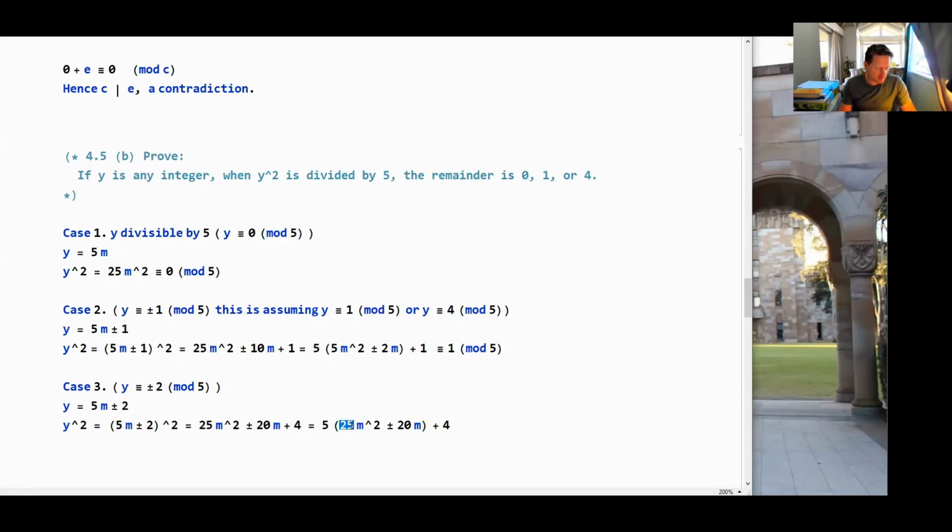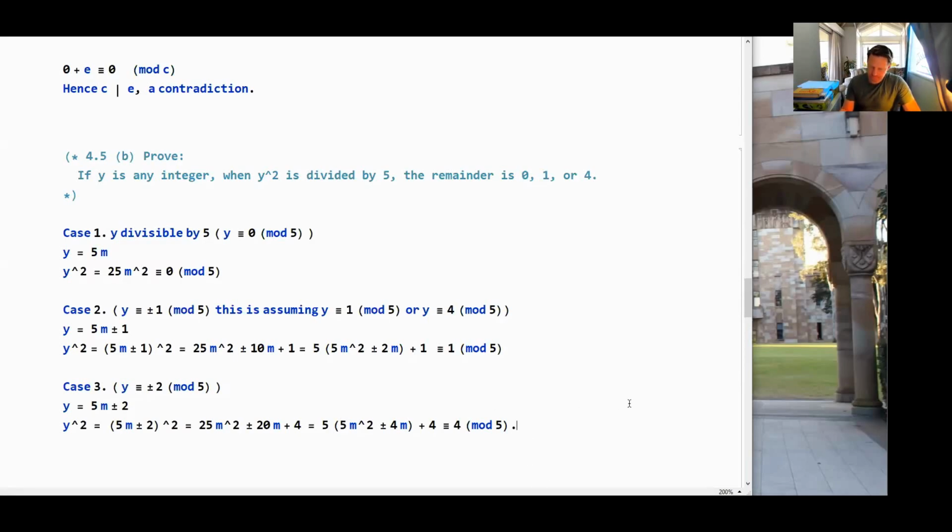So that's 5 times 5 in the first part, and then 5 times 4 is 20. Okay, so there exists an integer of this one such that y squared is 5 times that integer plus 4. And so what we have is that we've deduced that this is congruent to 4 mod 5.